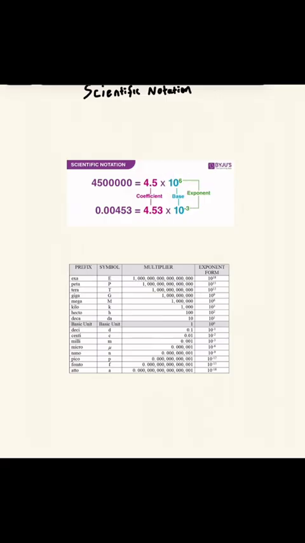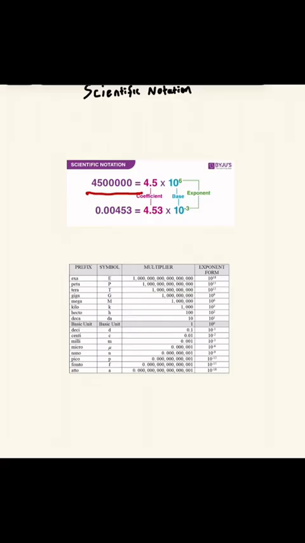So if we look at this first image at the top here, you can see we have this number here, which I believe is 4.5 million. If we have that, we're not going to write out all those zeros. We don't have to write out those 5 zeros after it.